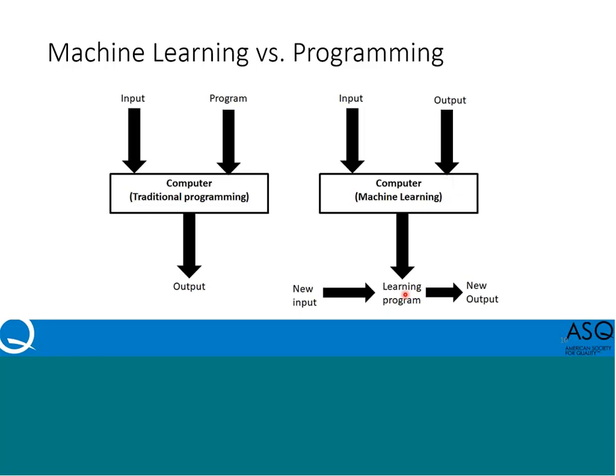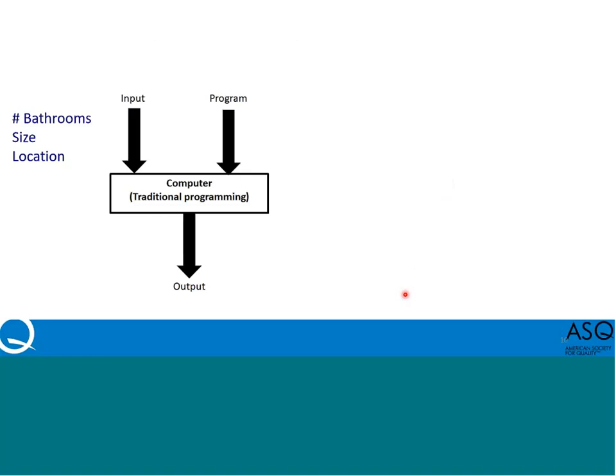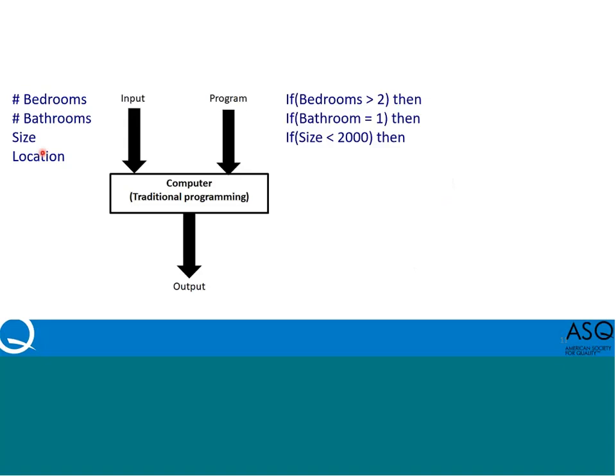So to make this a little clearer, let's walk through it with that data set I shared earlier. If your goal is to predict the sales price of a home in Manhattan, you might take some inputs, bedrooms, bathroom size, location, and the traditional way may be to develop some rules.